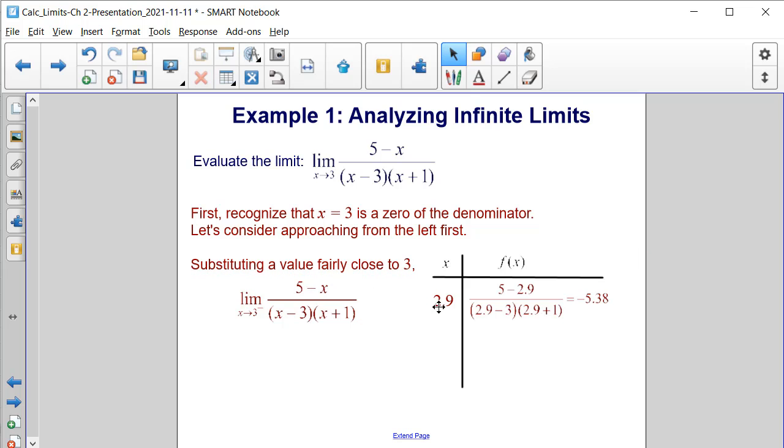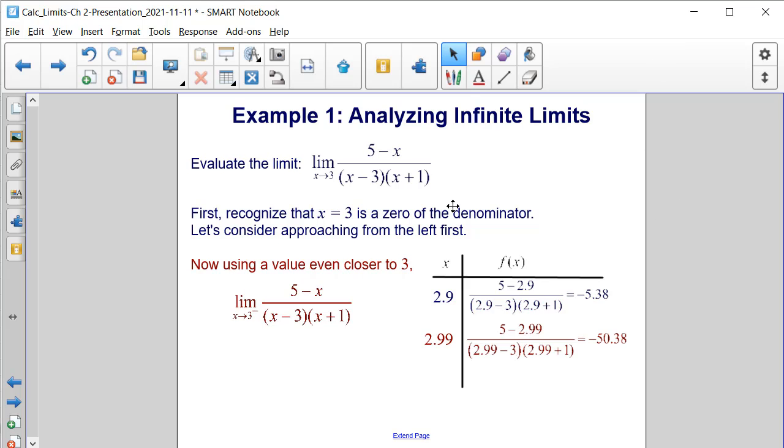If we do that with, say, an x value of 2 and 9/10, we substitute in there and evaluate, we would get negative 5 and 38/100. Now let's use a value that's even closer to 3, such as 2 and 99/100. If we substitute that value in for all of the x's in our function, we end up getting negative 50 and 38/100.